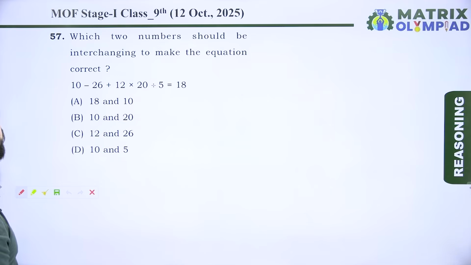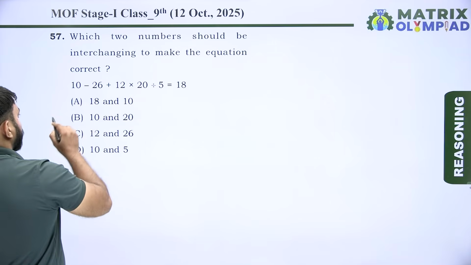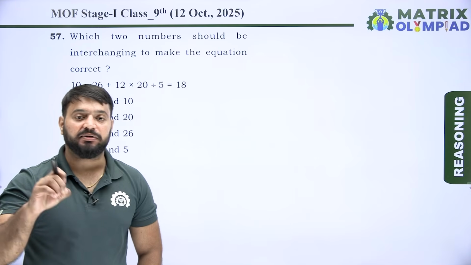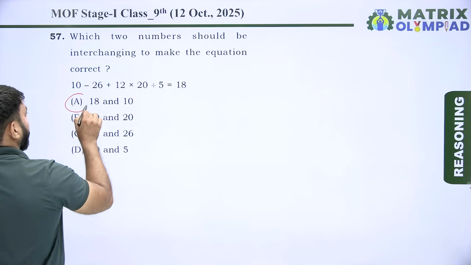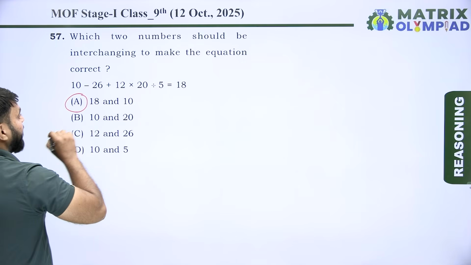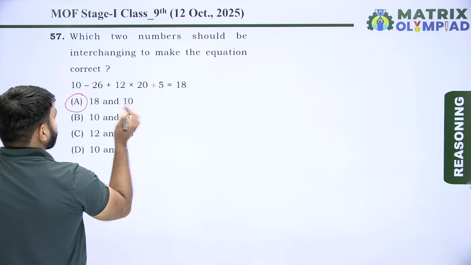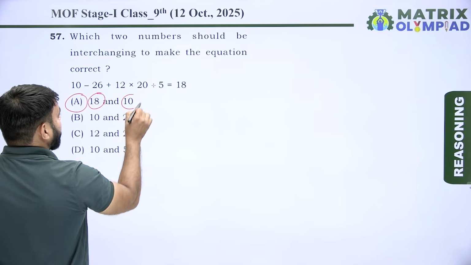Which 2 numbers should be interchanged to make the equation correct? In this question, we take the options one by one and check which one follows correctly. Taking option A: interchange 18 and 10.